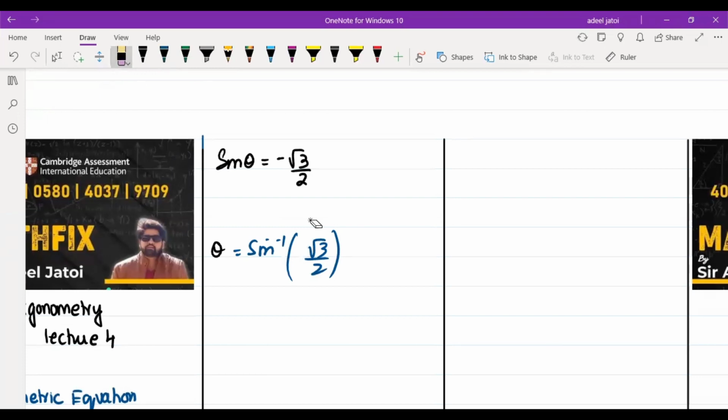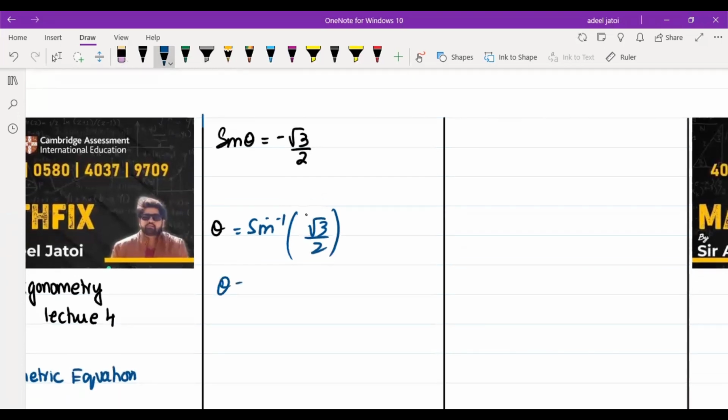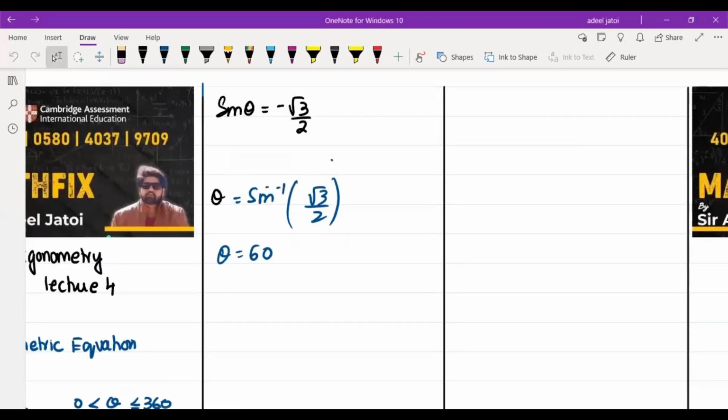Let's erase this. And we know that theta will be 60. But knowing that this is negative, we will be taking negative quadrants. Your negative quadrants will be based upon the third and the fourth quadrant.